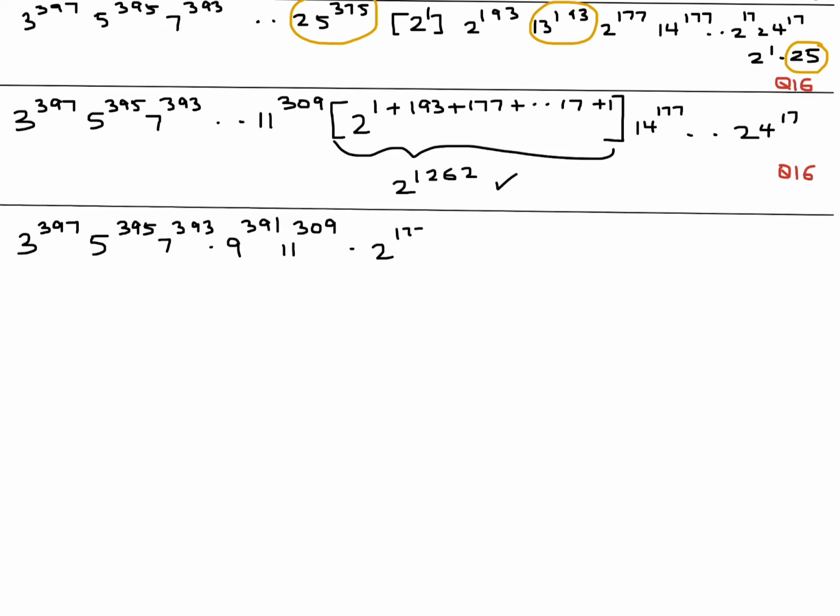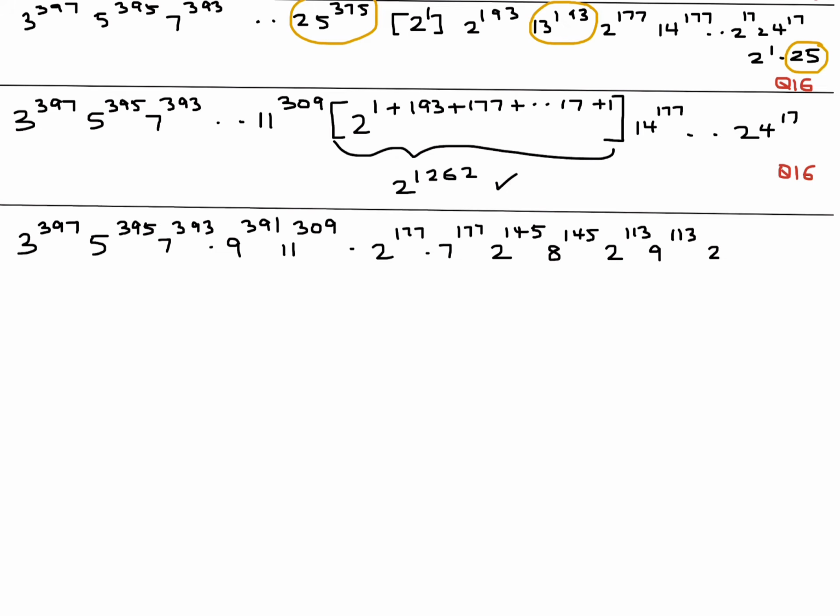That's going to be 2 to the power of 177 times 7 to the power of 177. And then it's going to be 2 to the power of, we are Q32, so dropping down by 32, 145, I believe. And then 8 to the power of 145. Then 2 to the power, dropping down by 32, 113. And then 9 to the power of 113.